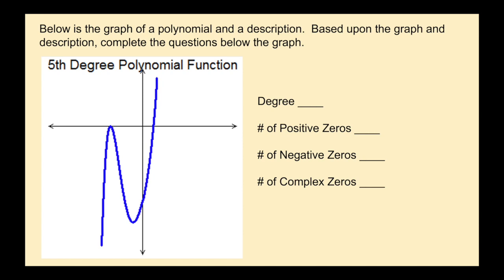Now this time we see that this is a 5th degree polynomial function, so we can say that the degree is 5. Now here we can see as far as positive zeros, it does intersect the x-axis on the positive side of 0 1 time. So we can put 1 there. Now as far as negative zeros, we need to realize that this right here is what it looks like when we have a double root.